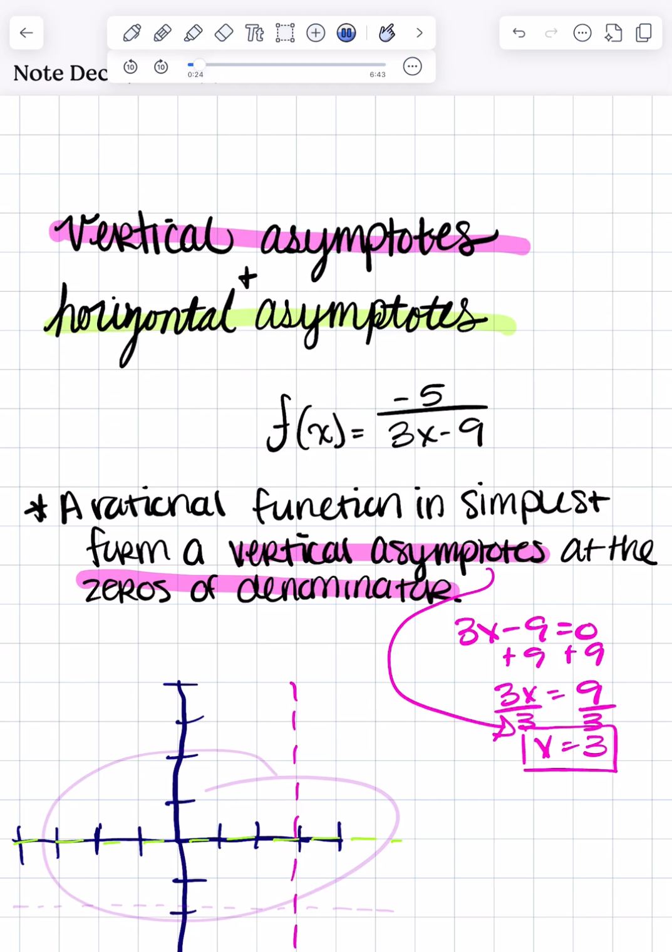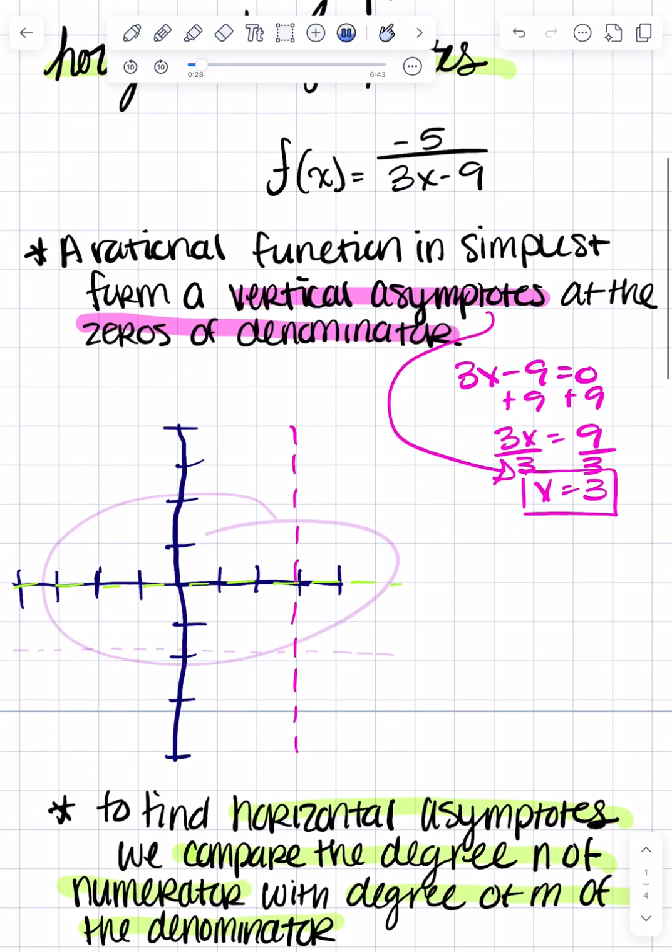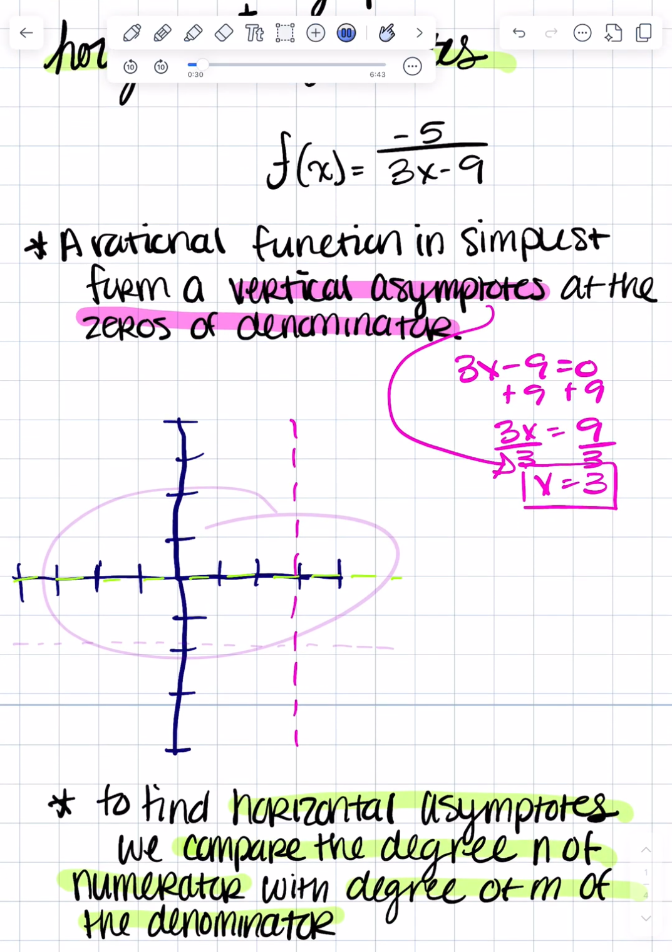For this example, I'm going to use the function f of x equals negative 5 over 3x minus 9. In order to find vertical asymptotes, the rational function must be in its simplest form. Then once it's in its simplest form, the vertical asymptote will be at the zeros of the denominator. What that means is that we set the denominator equal to 0.